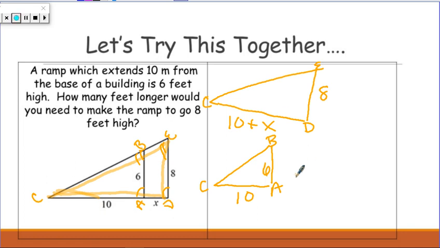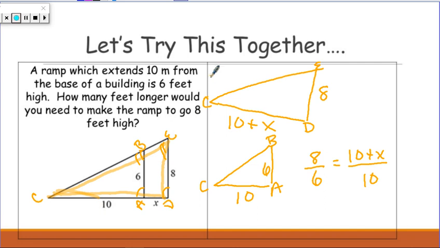What we're going to do is find the ratio of the corresponding sides and set them equal to each other, because they should be proportional. I'm going to take this side and put it over this side, which is 6. So 8 over 6, and I have to follow the same pattern. So now I go to this side, 10 plus X over 10.